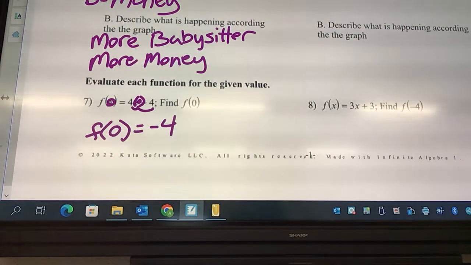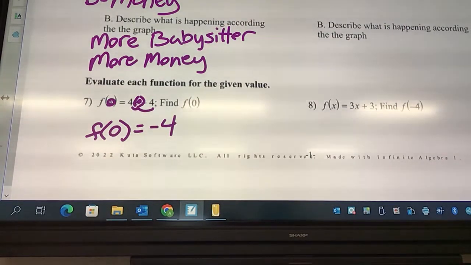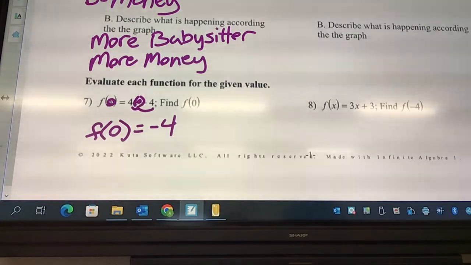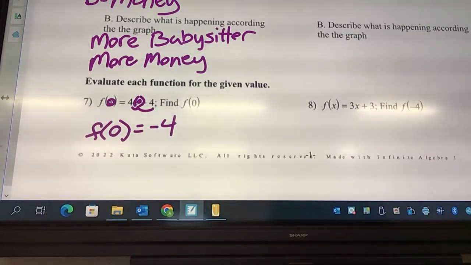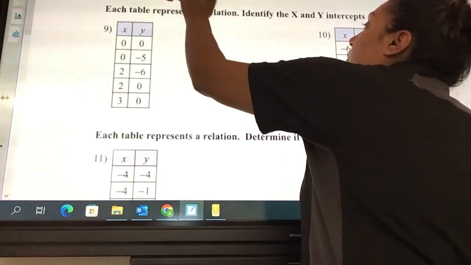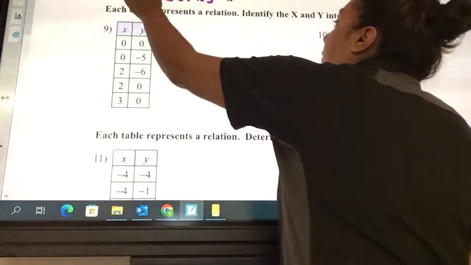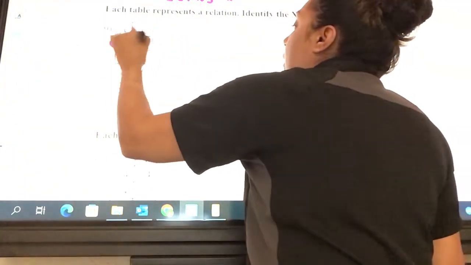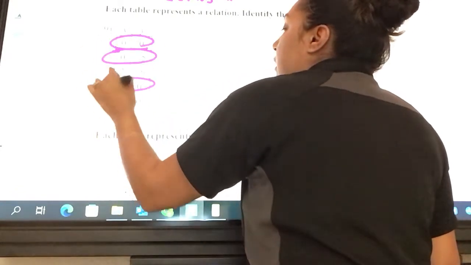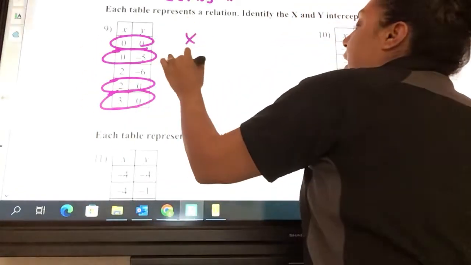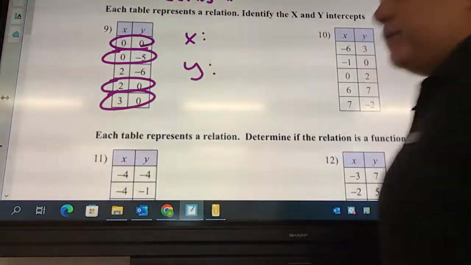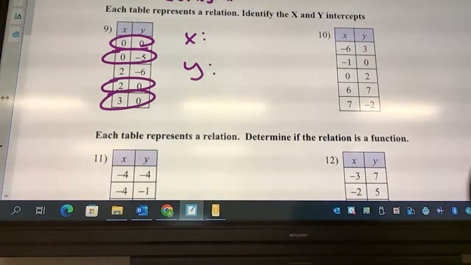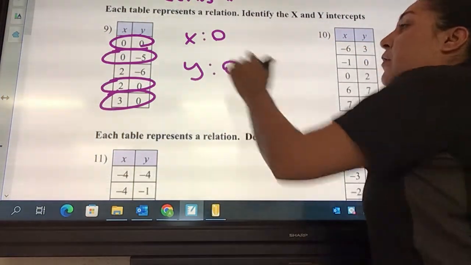Number 9 says each table represents a relation. Identify the X and Y intercepts. Okay, what are we looking for? The zeros. So I got 1, 2, 3, 4 zeros. Okay, 0, 0, what does that go to? It goes to both. So we got 0, 0.